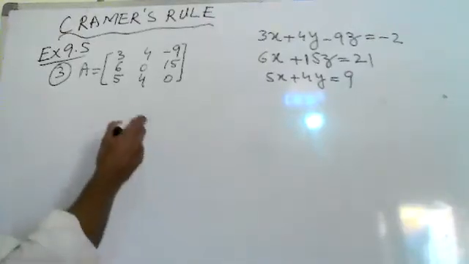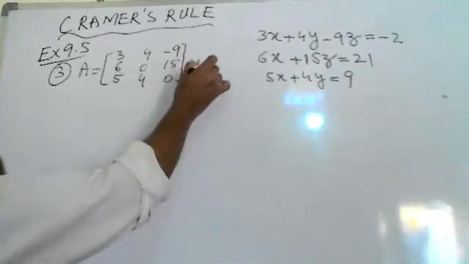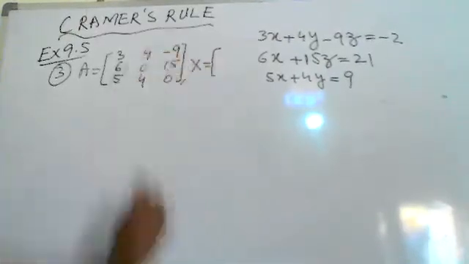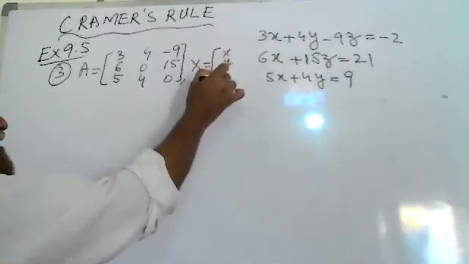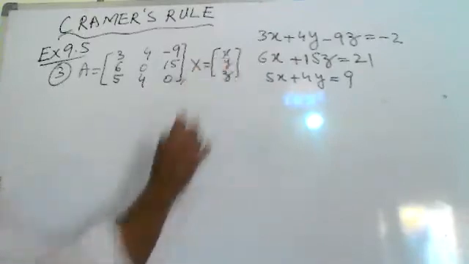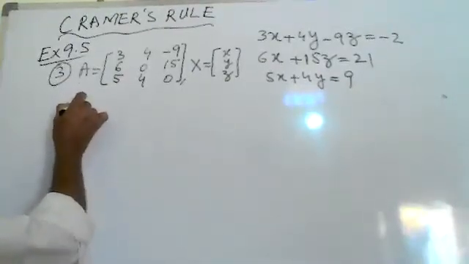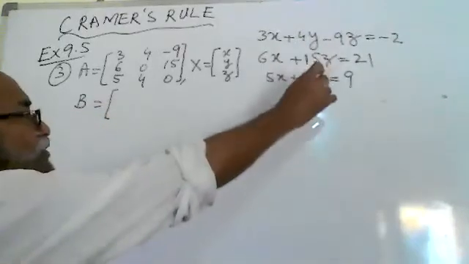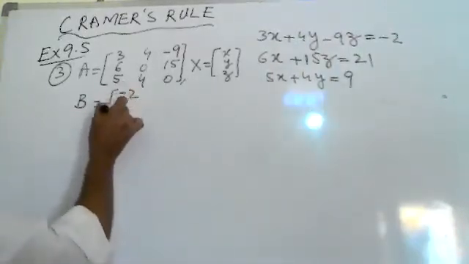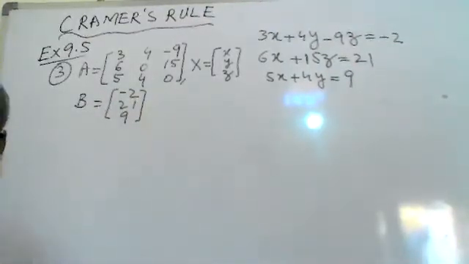Now the X matrix of the variables. What is that? X, Y, Z. And the third one, the matrix of the constants: minus 2, 21, 9.